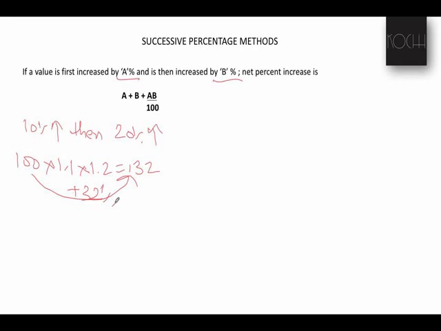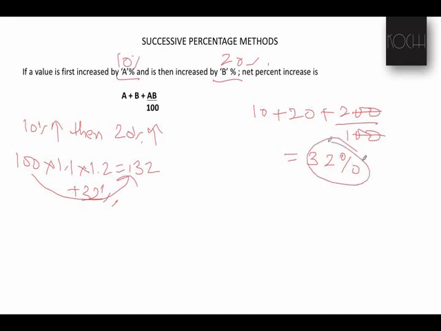We can also use the formula. Suppose a value is increased by 10% and then by 20%. So A plus B plus AB by 100 would be 10 plus 20 plus 10 into 20 upon 100. Now, in this method, we don't need to assume a value, like in this case. So I don't need x, I don't need 100.